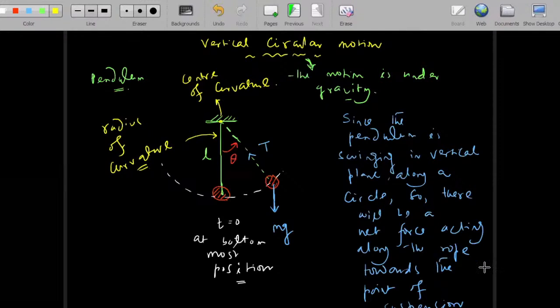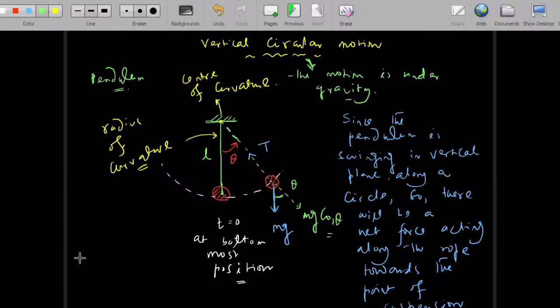Fine. Okay. Now, see, we can take the component of this mg along this line. If this is theta, this is definitely mg cos theta, correct?